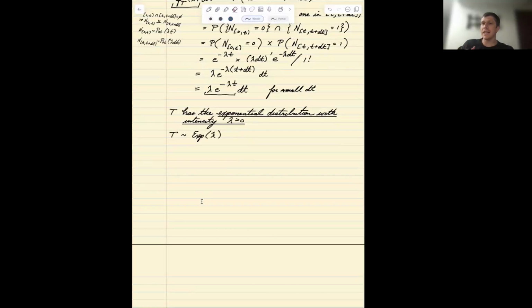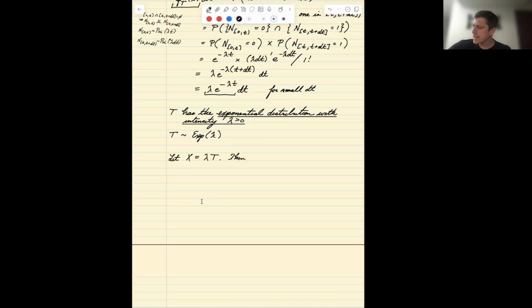Here we've derived it in the case where we have a generic lambda, a generic intensity lambda. What I want to do here is define a new random variable X. Let's define it to be lambda times T. So we're scaling T by its intensity. Okay.